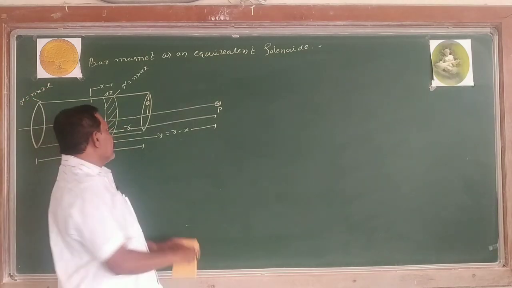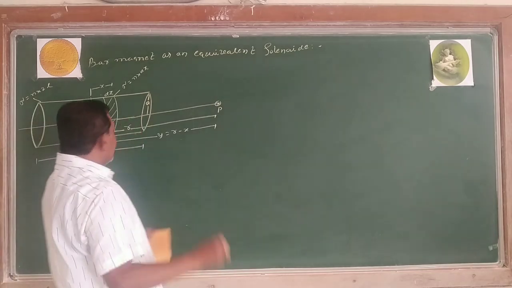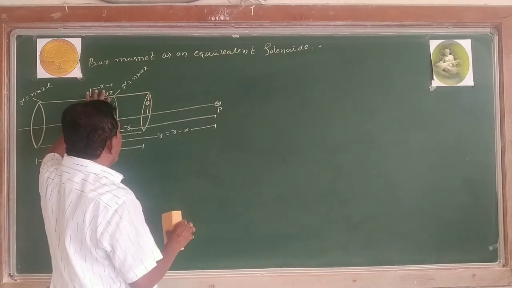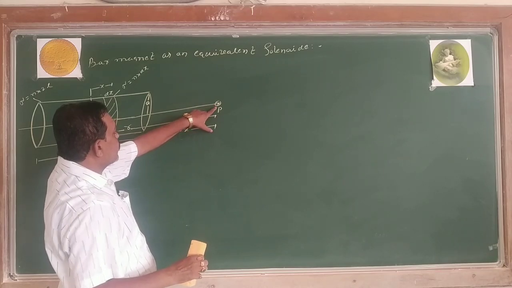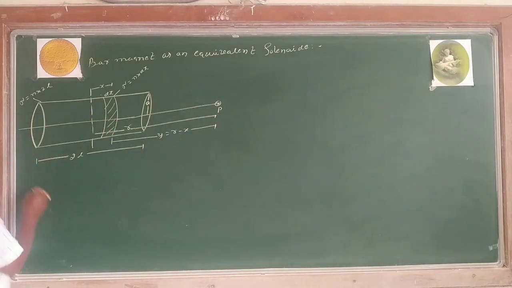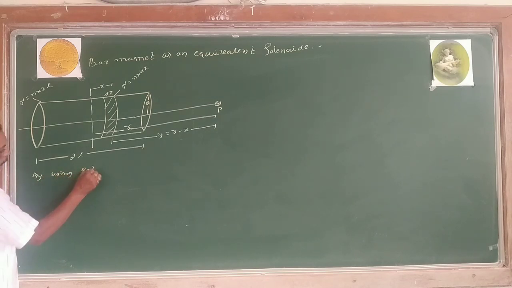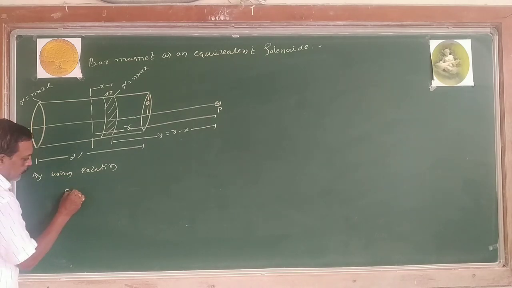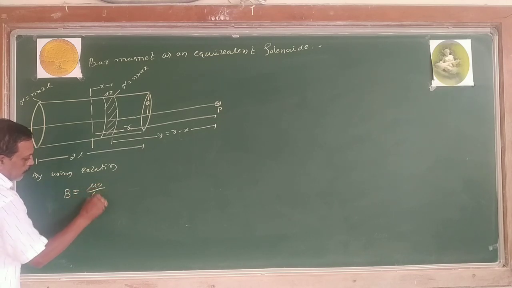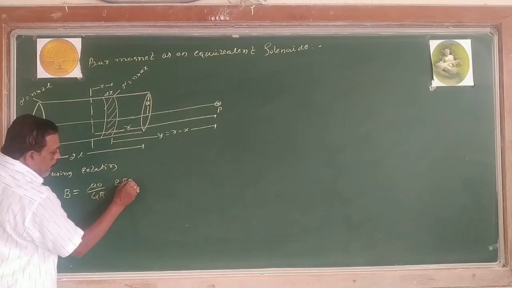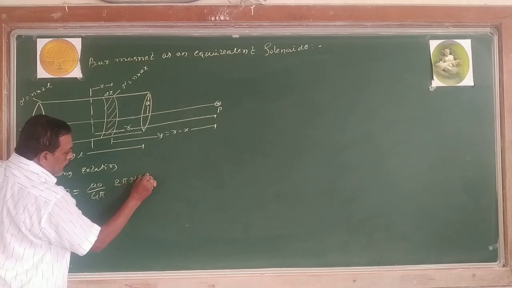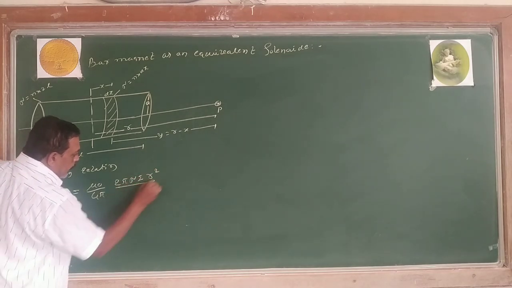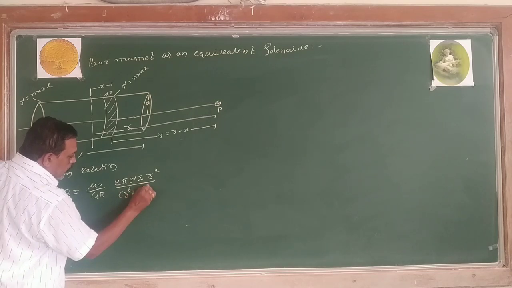Now this is nothing but a circular coil, and this is a point on the axis of a circular coil. By using the relation for the magnetic field on the axis of a current carrying loop, B equals mu naught divided by 4 pi, 2 pi N I a square, divided by (r square plus x square) to the power 3 by 2.